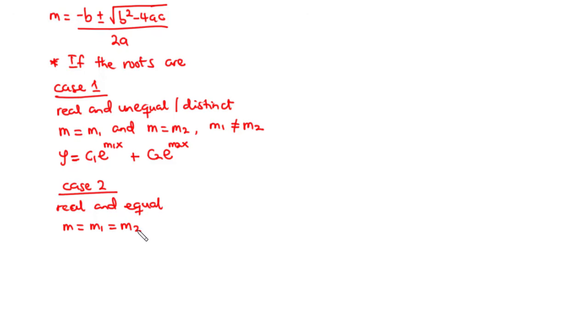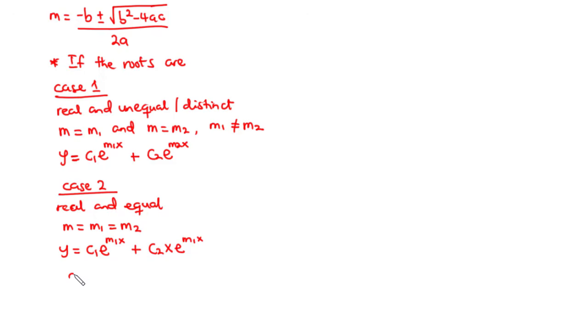Now if we denote m1 as the double root, then we have the general solution given as c1 times e to the power m1x plus c2 times x times e to the power m1x. Again, if m2 is used to denote the double root, then instead of m1 you are going to have m2. Now literally the value of m1 is equal to m2, so it doesn't really matter.